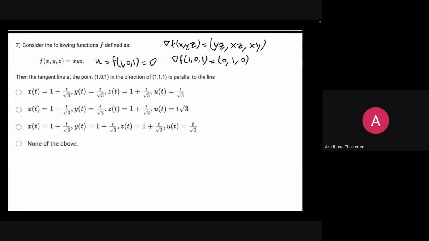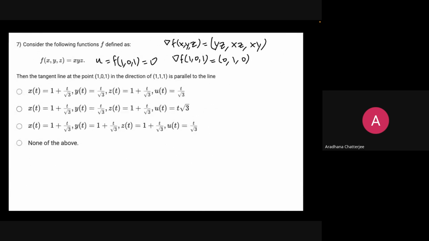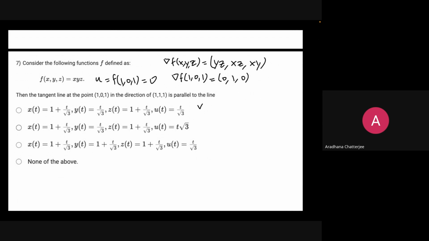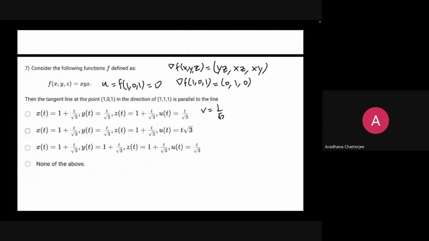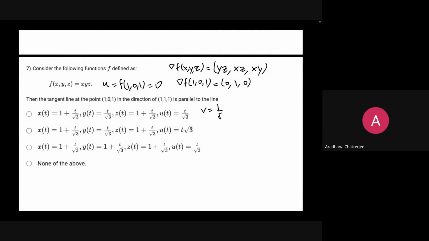The norm is 1 squared plus 1 squared plus 1 squared, that is root 3. So we get 1 by root 3, and this is the unit vector v in the direction of which we'll find this.